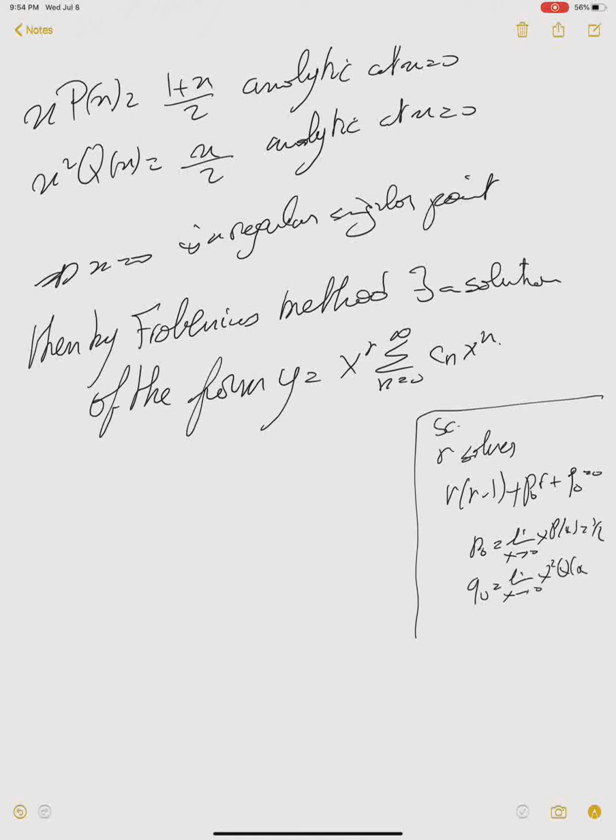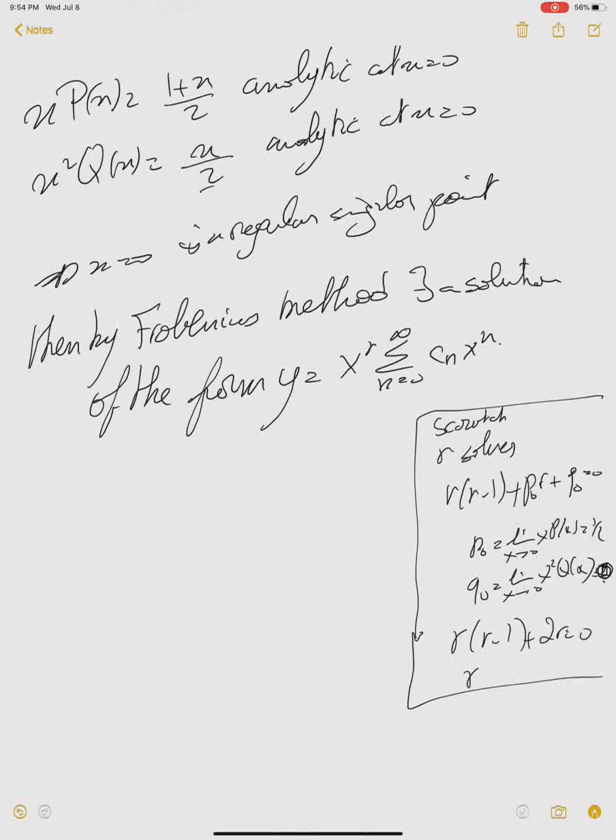So this is scratch. If the question was just to find the indices, then the indicial equation is r(r - 1) + r/2 = 0.